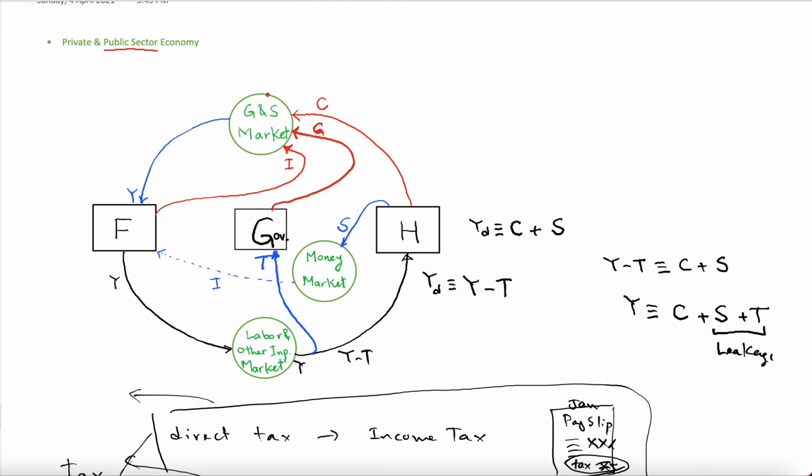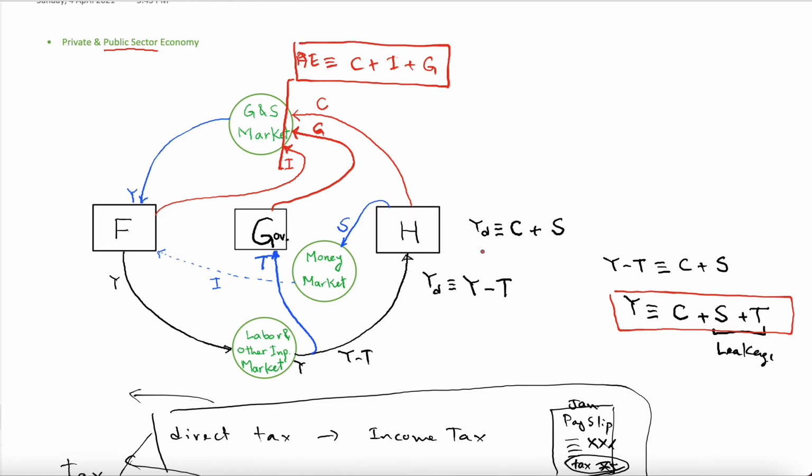Okay, and we know that in this model, planned aggregate expenditure is going to be equal to C plus I plus G. So on one side we have Y equal to this, on the other side planned aggregate expenditure, and the equilibrium would be whenever Y is equal to aggregate expenditure. This is equilibrium.